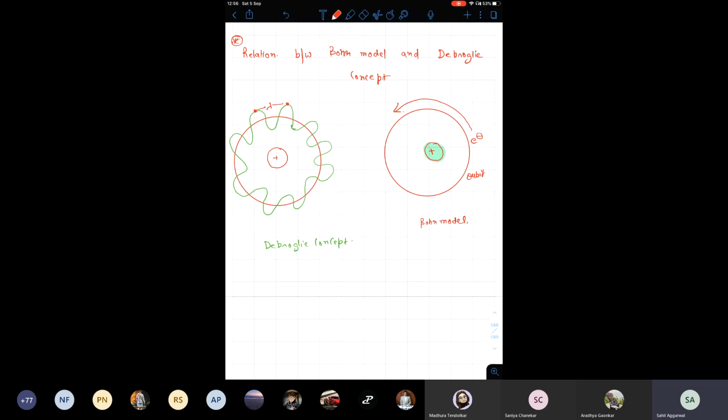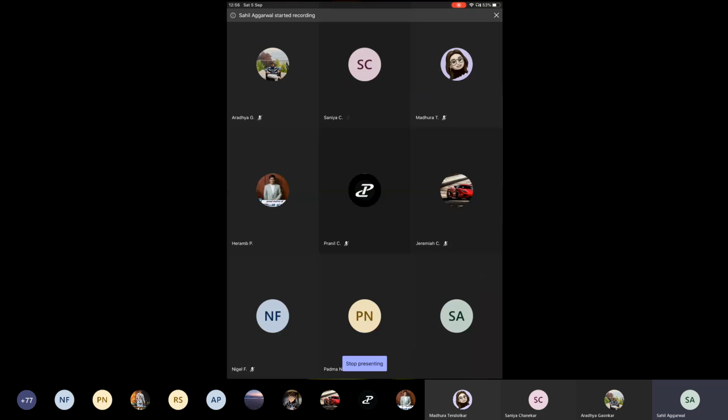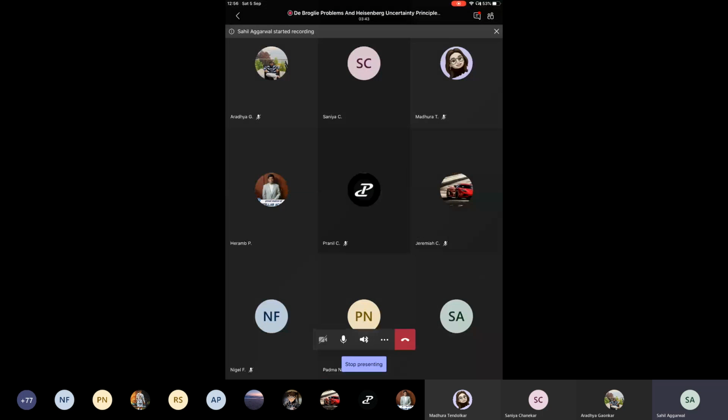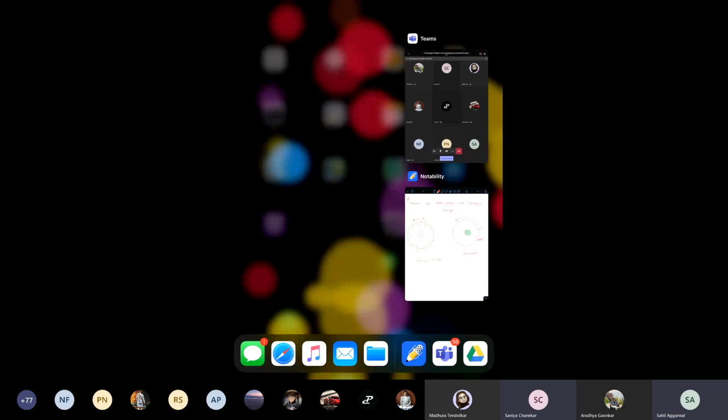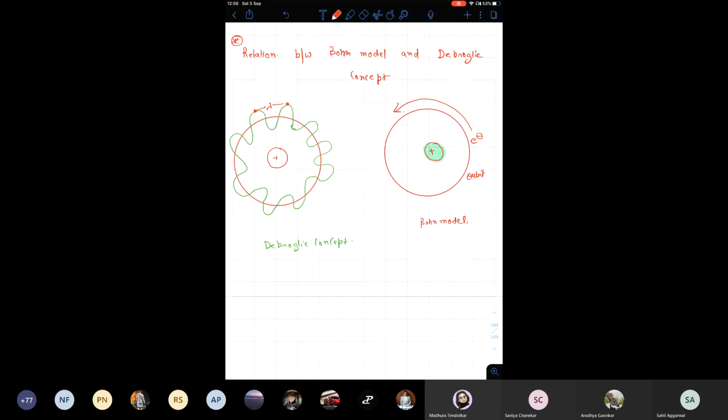Sanya, yes, tell me. Sir, can an electron move in a wave? That's what we are doing. In this concept, the electron has wave nature as well as particle nature.